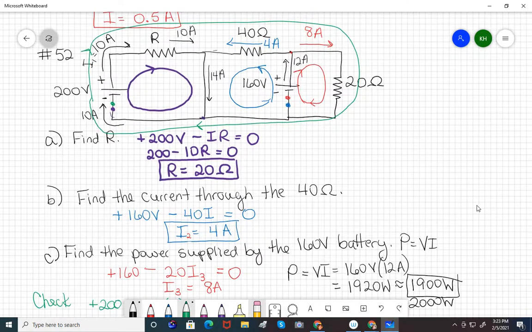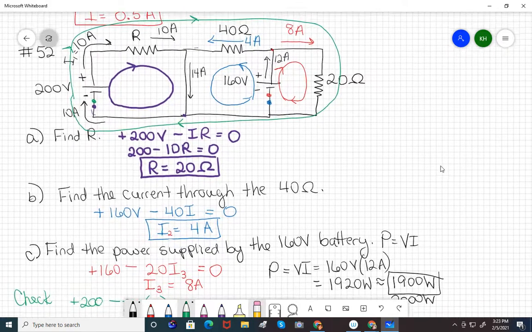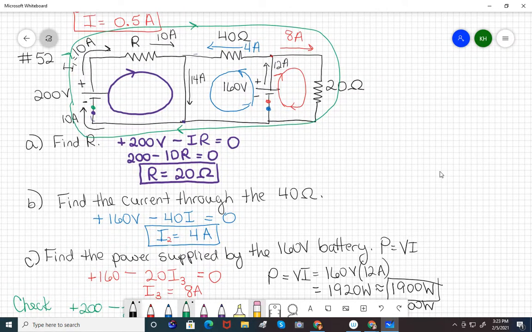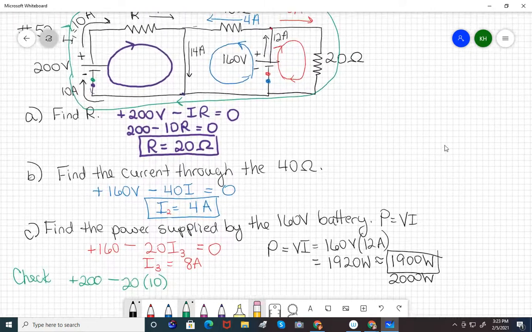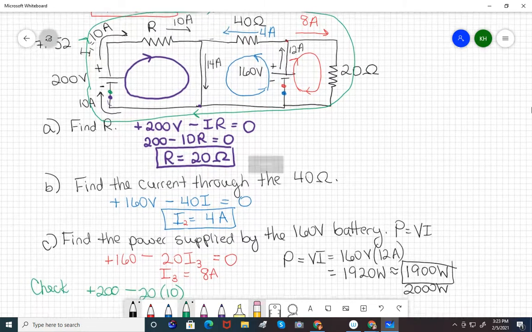I keep going. Notice when I get here, my loop is going clockwise, but this current is going to the left. If I'm going opposite the current, that's when I add for a resistor. So instead of subtracting 4 amps times 40 ohms, this time I have to add. Let me make this all a little smaller.